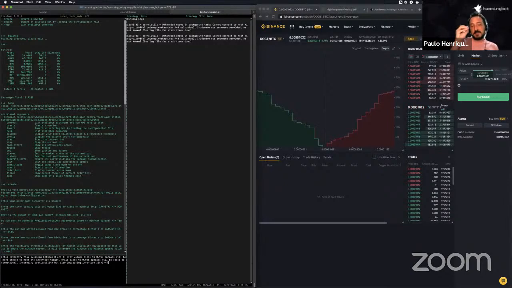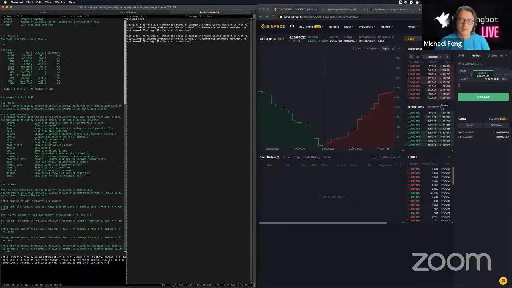So this configuration specifically is how big the push is going to be, let's say, the push that the bot will make to force your positions to get to your target, right?